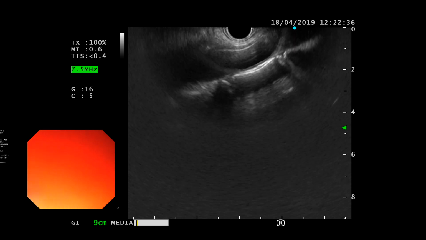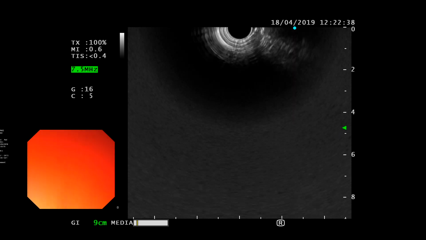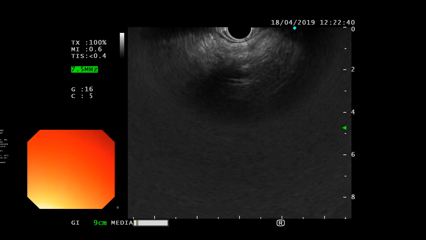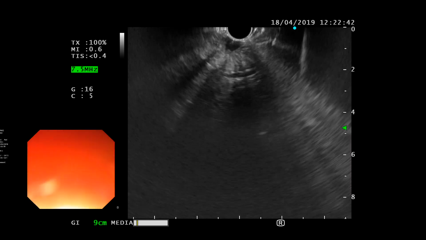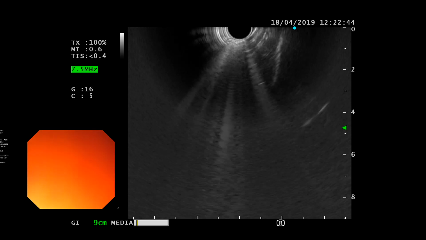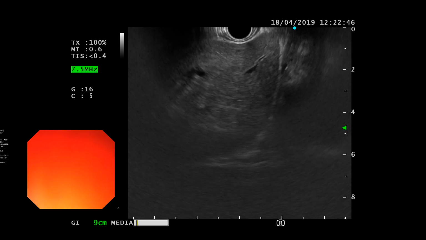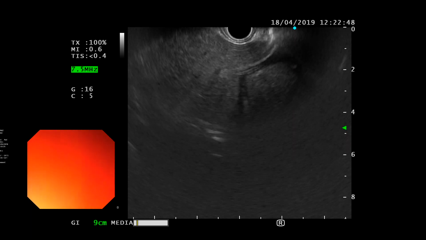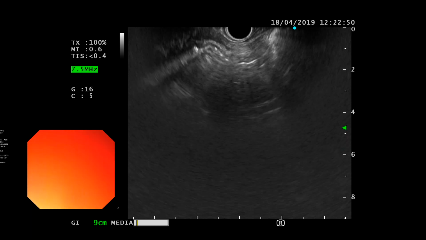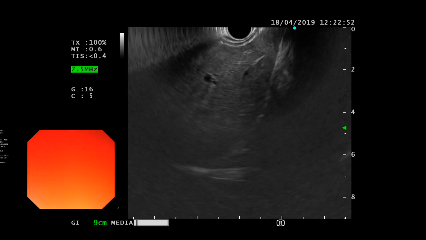So you keep going till you really have lost it, almost in a 360. Then you go back to your start point, pull back a little bit, and repeat the same process, so that you evaluate as much of the liver as possible.